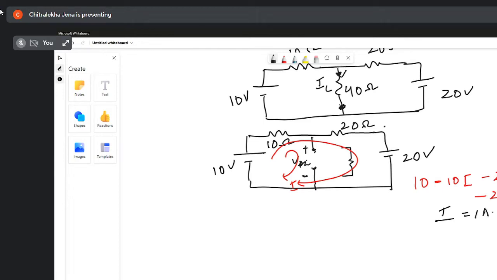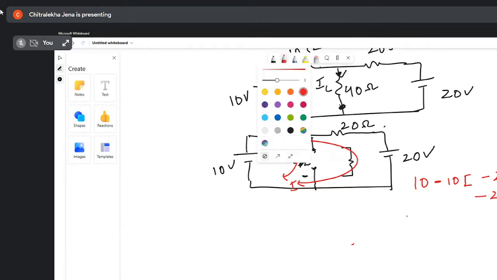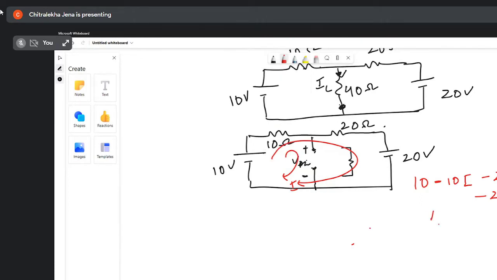Ma'am, but the direction will be negative, no? How much is the current coming? Is it 1 ampere or -1 ampere? Ma'am, -1/3 is coming. Sorry, ma'am, I had done half the equation. I is equal to -1/3 ampere.